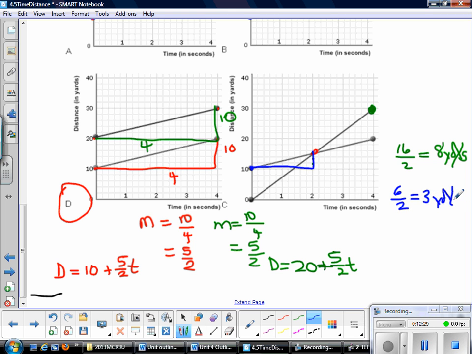So you can see that we can actually do a mathematical calculation to figure out the actual speed. And that's why this answer D is the correct one, because their slopes are the same. So they're going 5 yards in 2 seconds, both of them are. Or 2.5 yards in 1 second. All right, so some questions for you to do tomorrow.